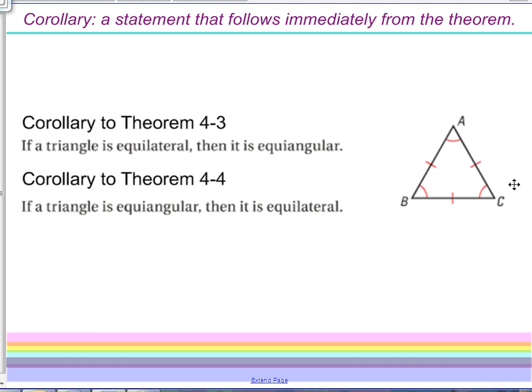So basically if all the sides are the same length, all the angles are. Same thing with the corollary to theorem 4.4. It states that if a triangle is equiangular, then it is equilateral. So if all three angles are the same, then all three sides have to be the same, which makes sense. They're pretty self-explanatory and pretty obvious, you would think.